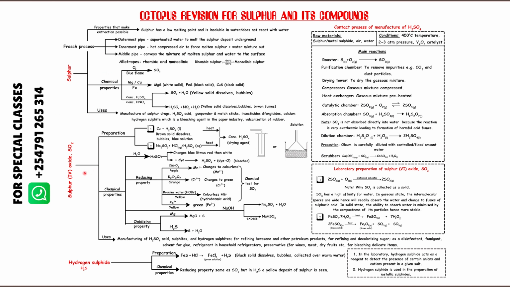Then from there we now go to, just here before I forget that very important thing. Somebody will ask you why sulfur does not react with dilute hydrochloric or concentrated hydrochloric acid. Hydrochloric acid is not an oxidizing agent, therefore it cannot react with sulfur.